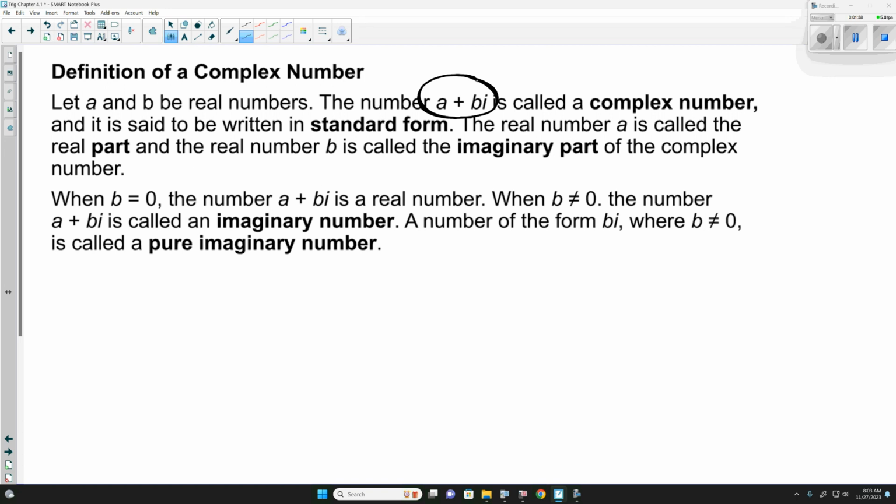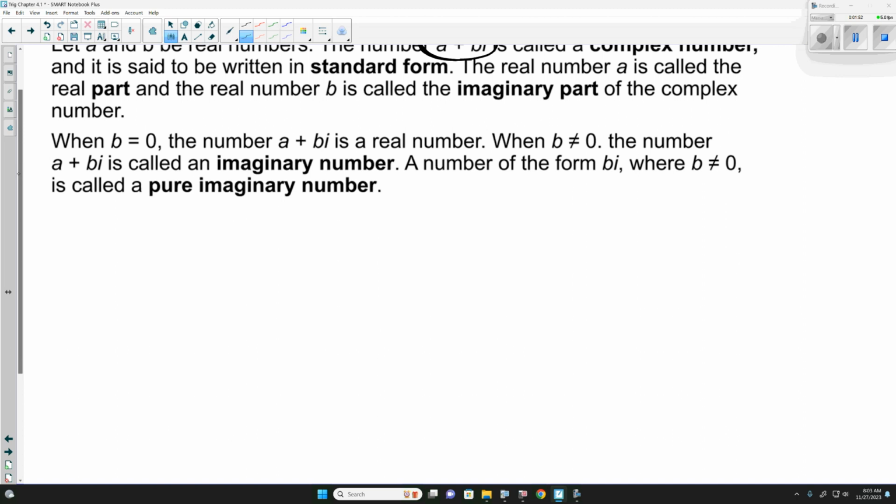And when b is different from 0, it's an imaginary number. A number of the form bi where b is different from 0 is called a pure imaginary number. So whenever we just have bi, it's pure imaginary. When we just have a, it's a real number.